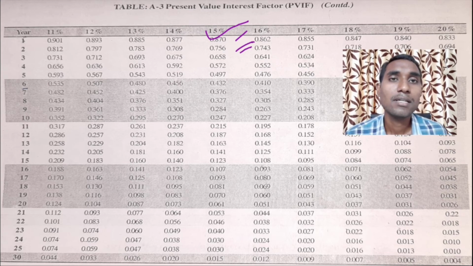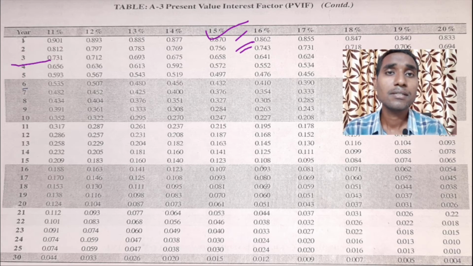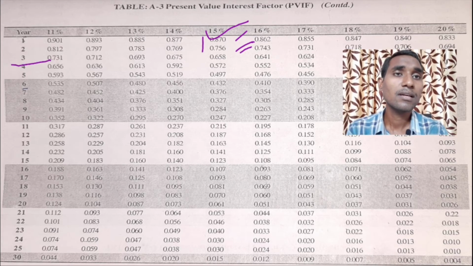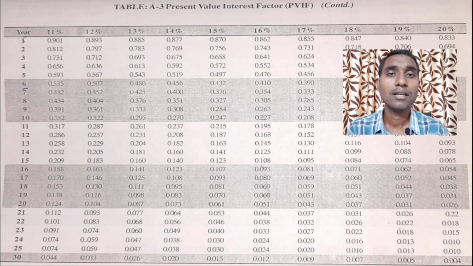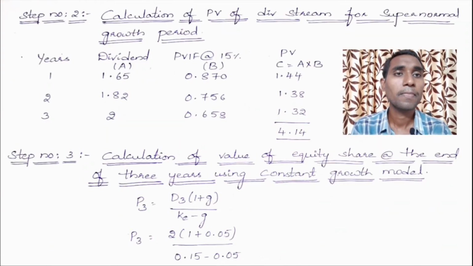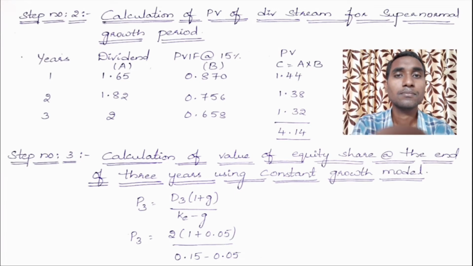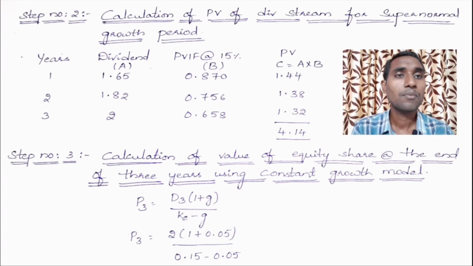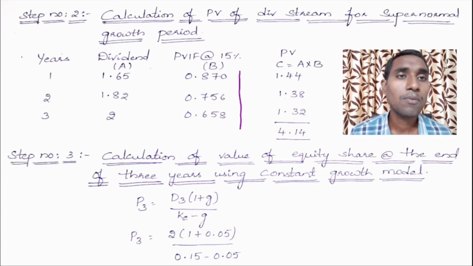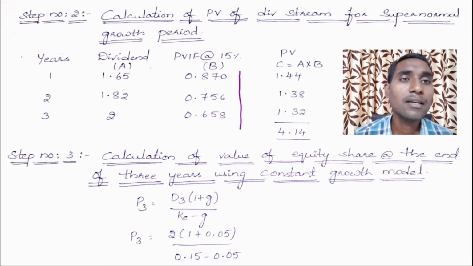Dear learners, our supernormal growth period is still 3 years, so you need to take only 3 years. That's all. By seeing this table, you will record these values: 0.870, 0.756 and 0.658, which I have copied from the table.